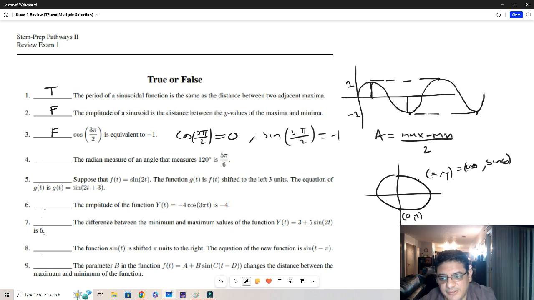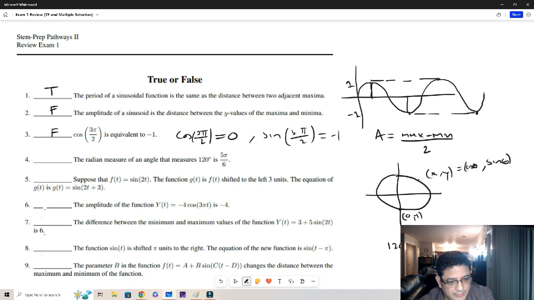Now, question 4 says the radian measure of an angle that measures 120 degrees is 5 pi over 6. This is a conversion from an angle in degrees to radians. To do that, we multiply by the ratio pi over 180 degrees, which transforms this angle in degrees to radians, and the degrees cancel.